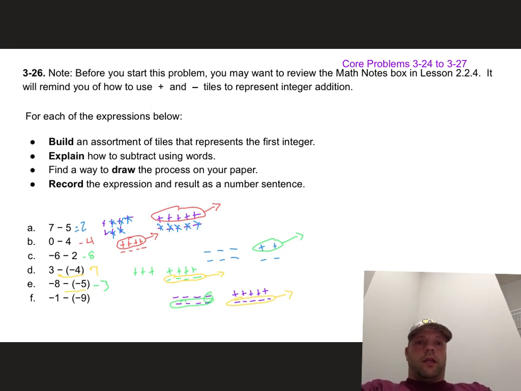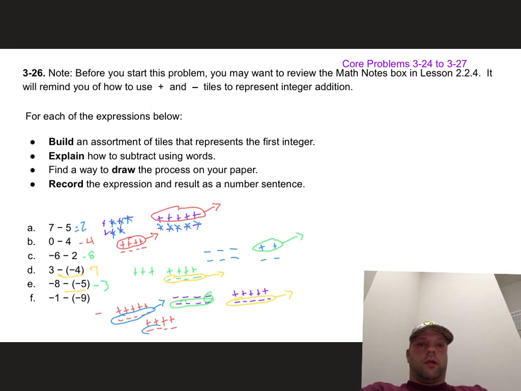And then finally I have a -1 and then 9 0 pairs. I'm going to do some more right here just to break it up. On this one we are subtracting our 9 negatives.